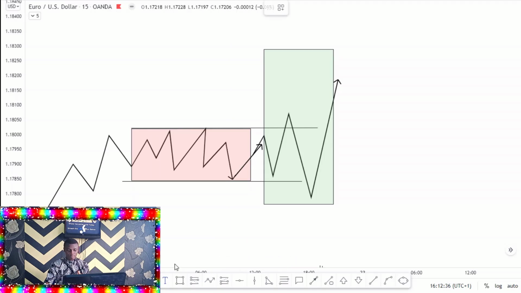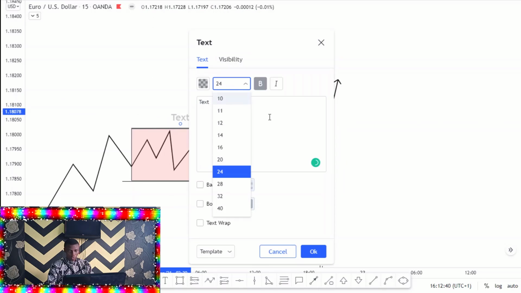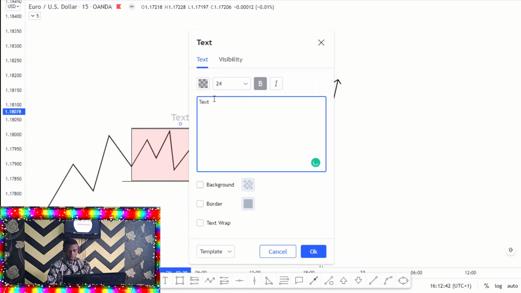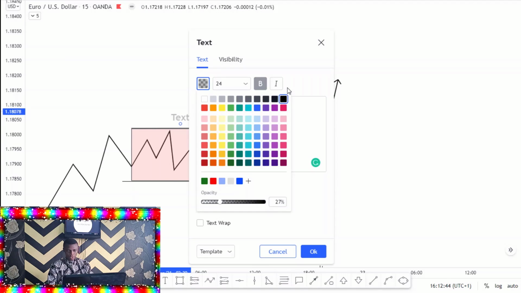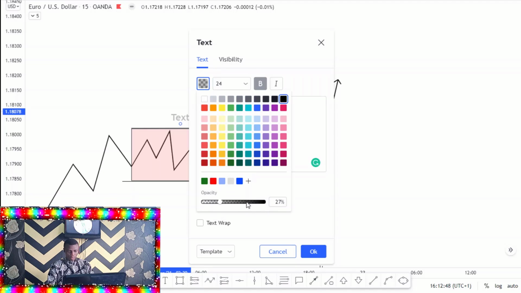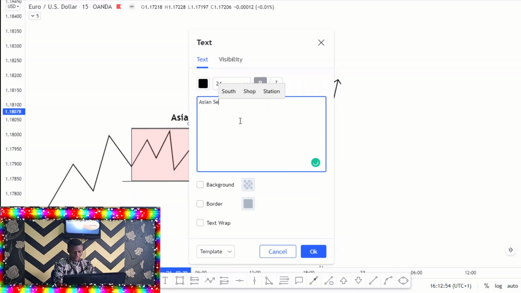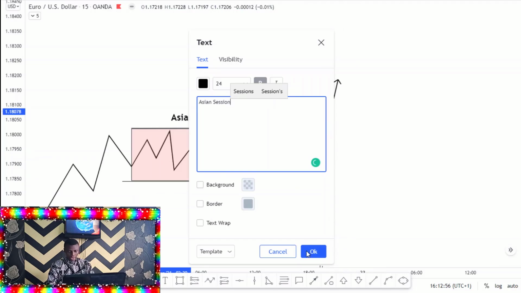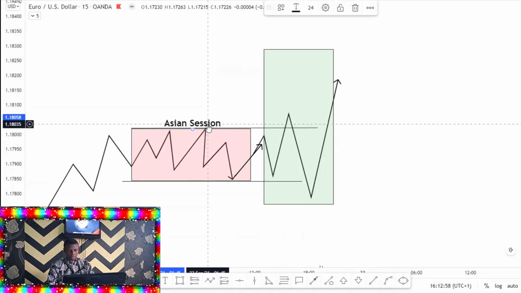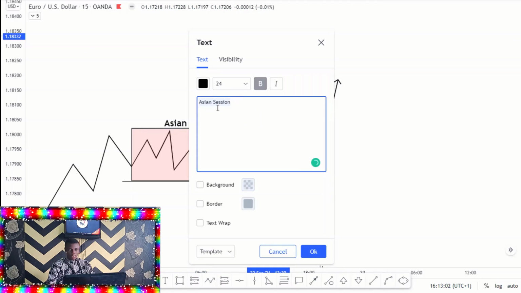All right, so now what this is going to do to us is very simple. We need to understand how this works. So we're going to say these are Asian session, and this is a London session.